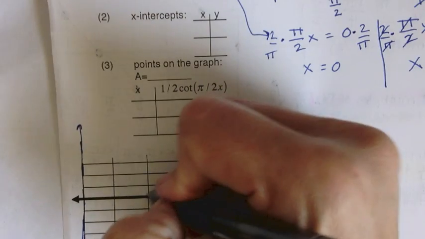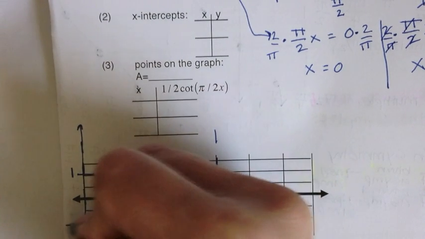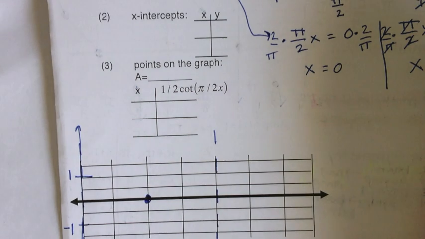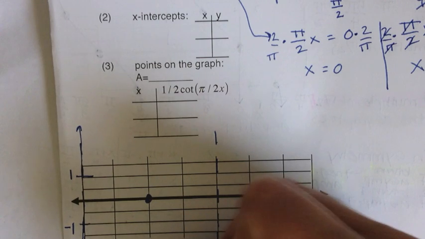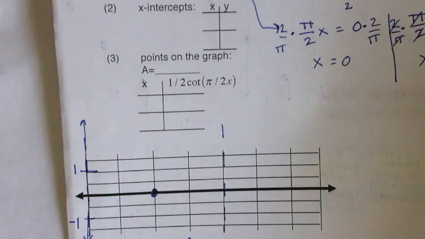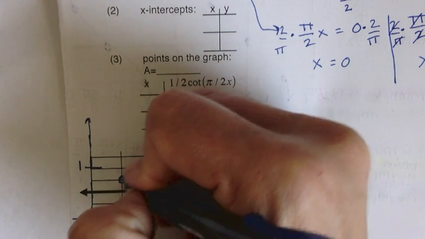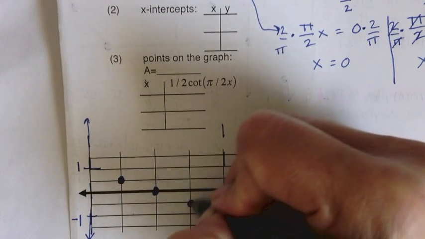Halfway in between is my x-intercept. I'm going to label this 1 and -1 so that I can do my additional points. Now I'm also going to label. If you want to label in decimals, that's fine. 1/4 of the way, I'm at the positive amplitude, and 3/4 of the way, I'm at the negative amplitude.